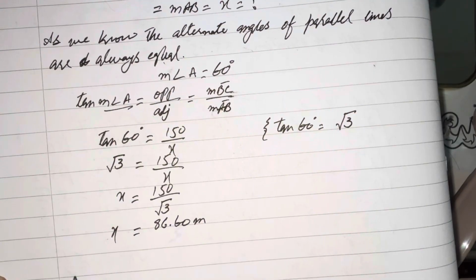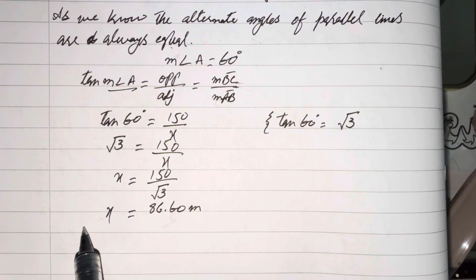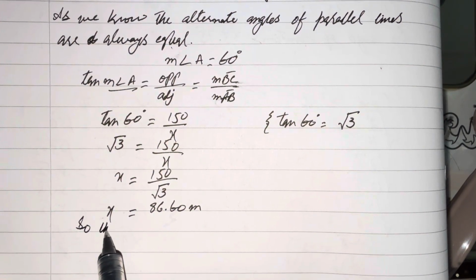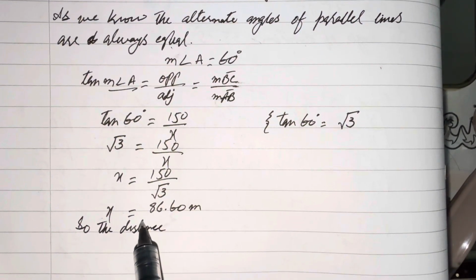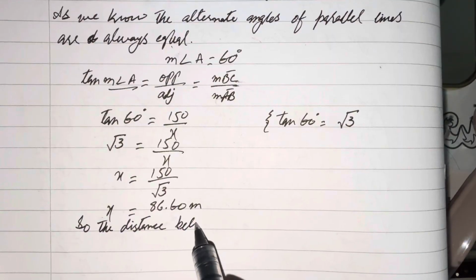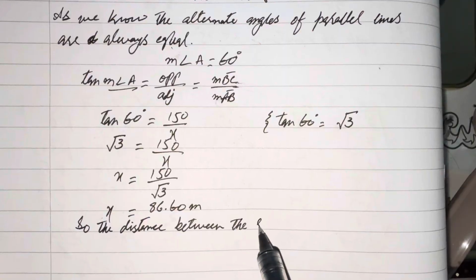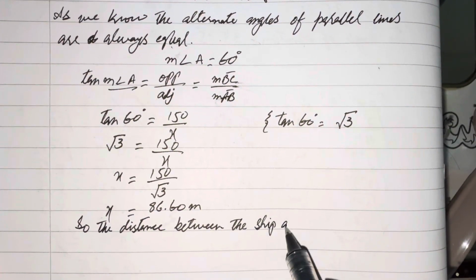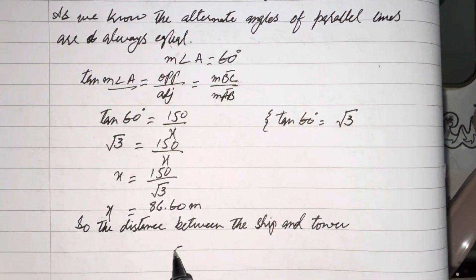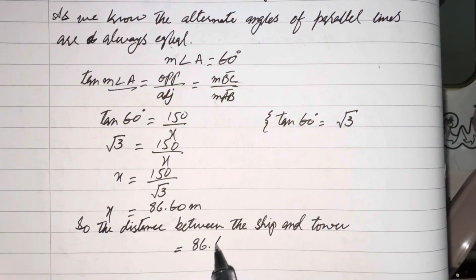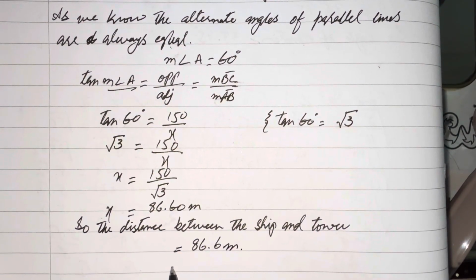So the distance between the ship and the tower is equal to 86.6 meters.